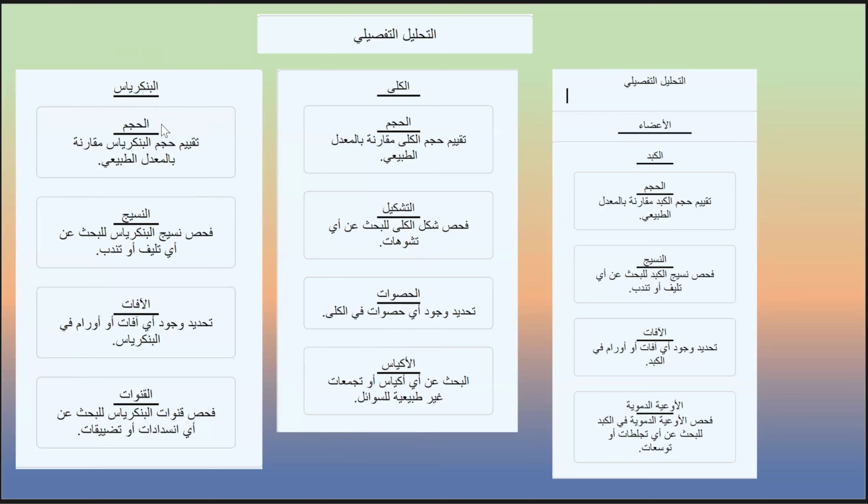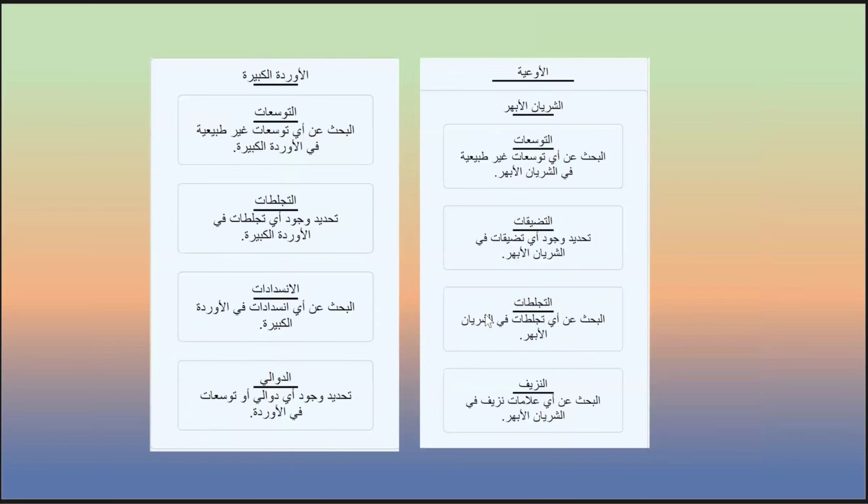We look for the pancreas, as we said, in the other organs. We look for the size, we look for the pancreatic tissue, and any abnormality or masses in the pancreas like cysts or tumors, and we look for the pancreatic ducts, whether dilated or not dilated.